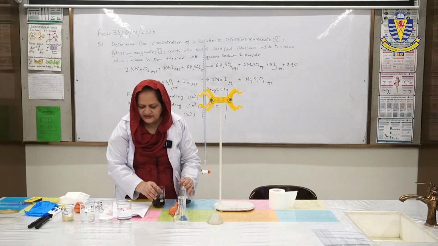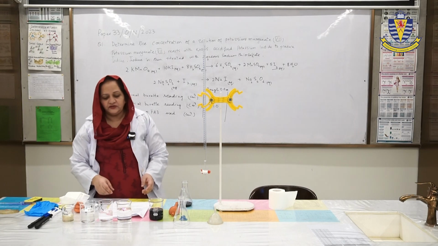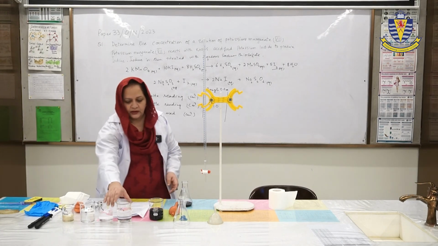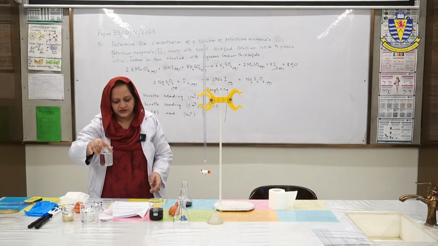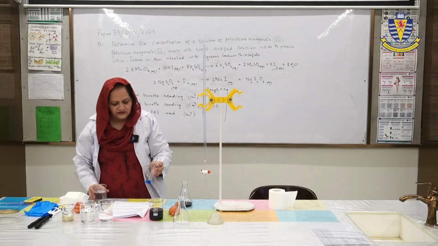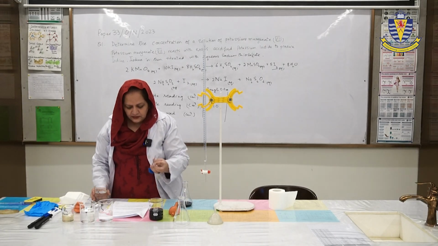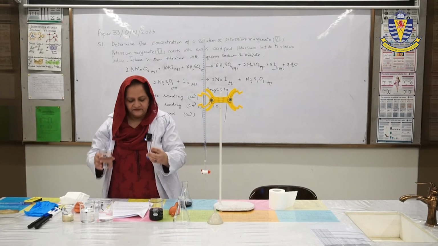Now use the measuring cylinder to add 10 cm cube of Fa2. This is the Fa2 solution, which is potassium iodide, and 10 centimeter cube is to be added into the conical flask.